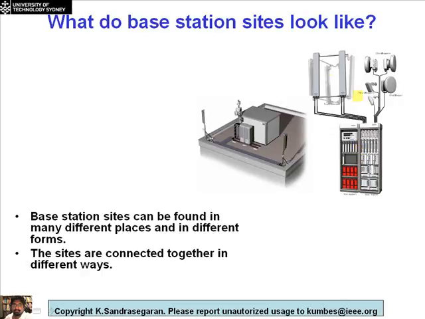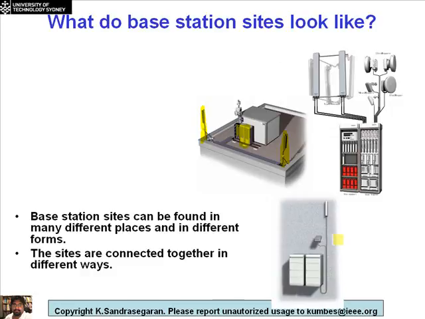The other possibility is you could have them on the top of a building. When you come by train every day, if you look at a lot of the buildings along the railway line, you will find antenna sites at the corners of the buildings. These antennas could be connecting to the base station equipment, which could be in a locked cabinet. That's one possibility.